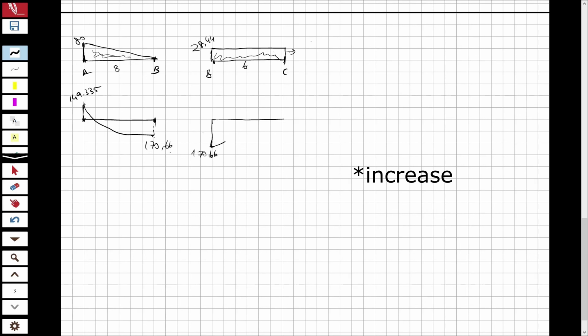I will go up by this amount, and that will close. Why will that close? Because there is no moment at C. We calculated before that there is no moment at C. And the area of this will show me how much I'm going to decrease.